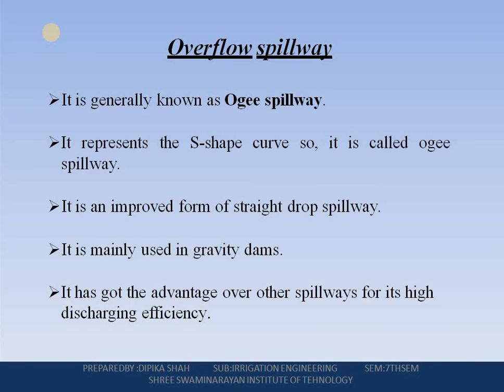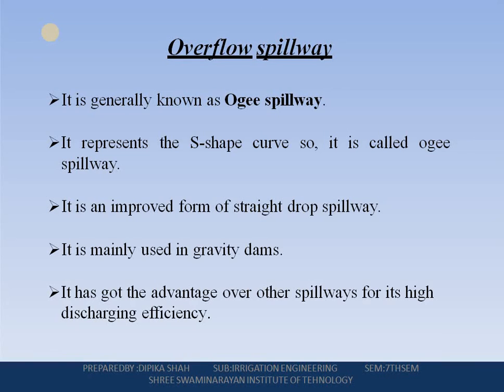It is mainly used in gravity dams and it has got an advantage over the other spillways for a high discharging efficiency, right? The profile of the spillway is such that overflowing water is guided smoothly over the crest and the profile of the spillway so that the overflow water does not break contact with the spillway surface. If this is not assured, a vacuum may form at the point of separation and cavitation may occur.